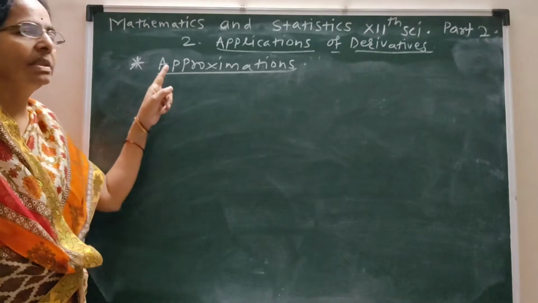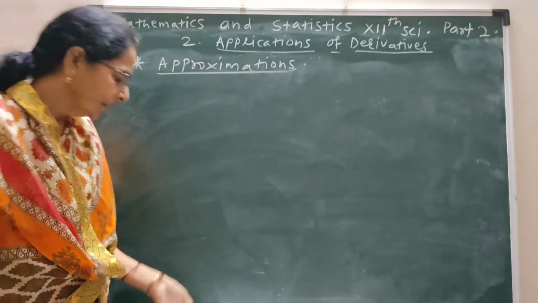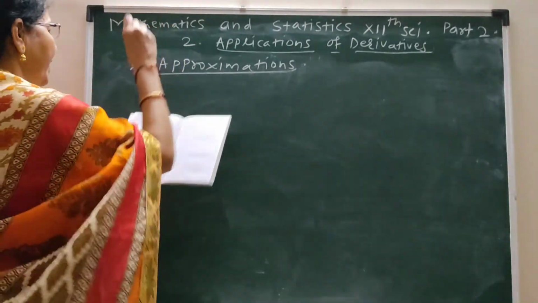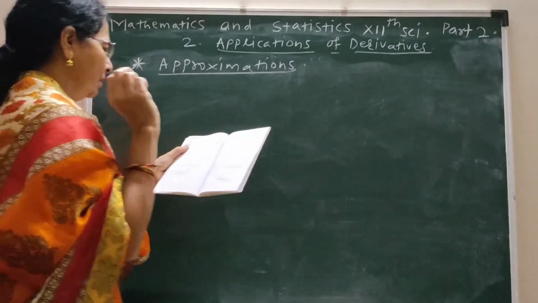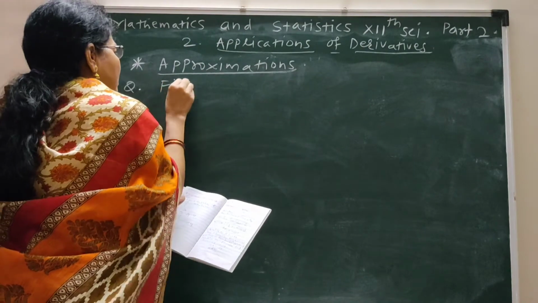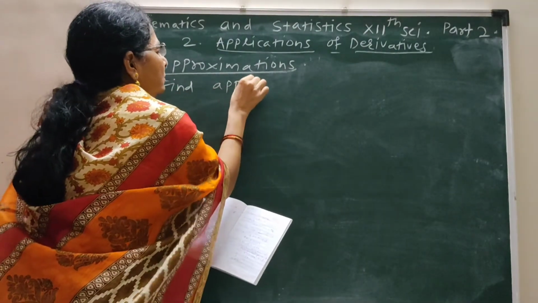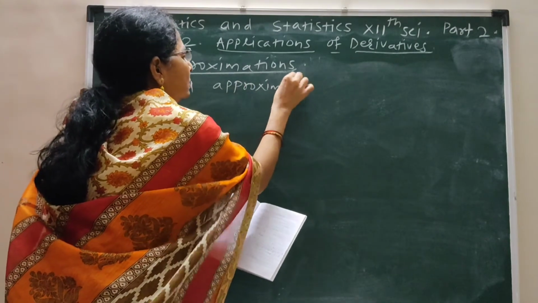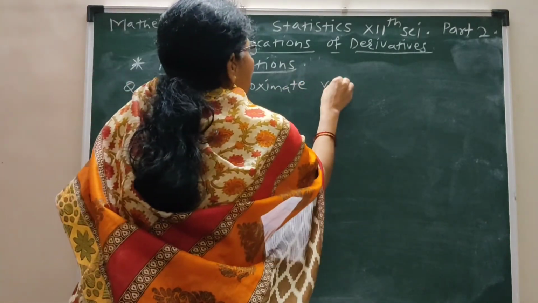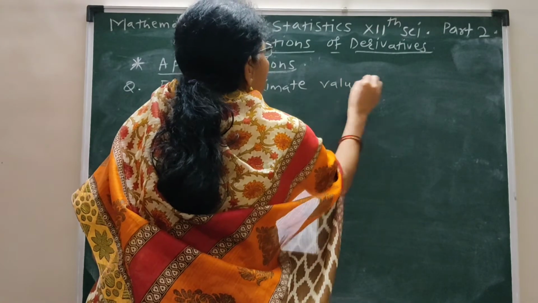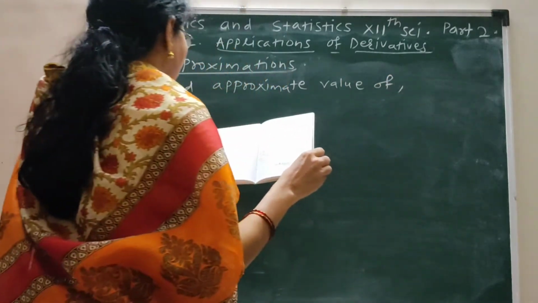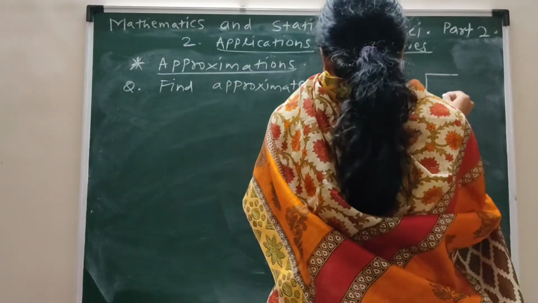Next application is approximations. Now the question is: find the approximate value of root 8.95.